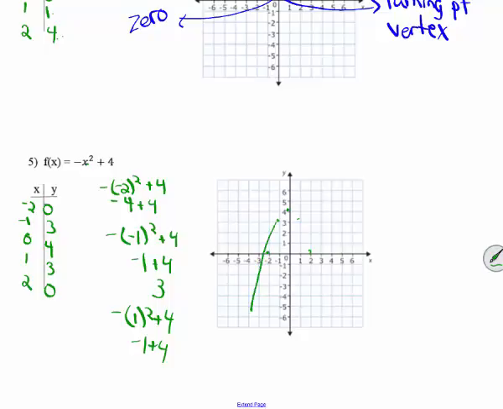So this time it's going in the opposite direction. And that's because the coefficient in front of your x squared term was a negative. So here again, I have to label it: f of x equals -x squared plus 4. Here's your vertex or turning point, right?